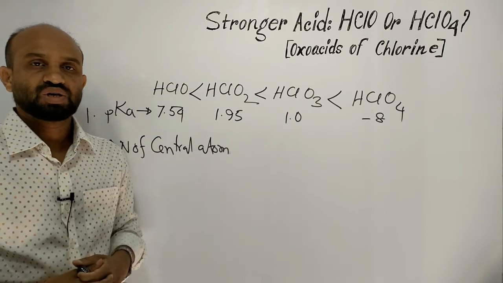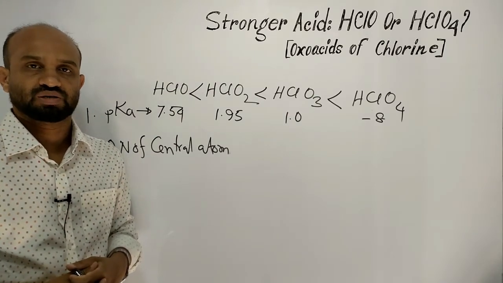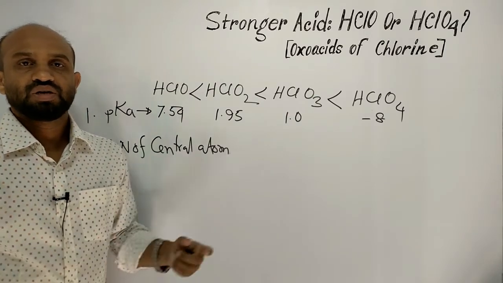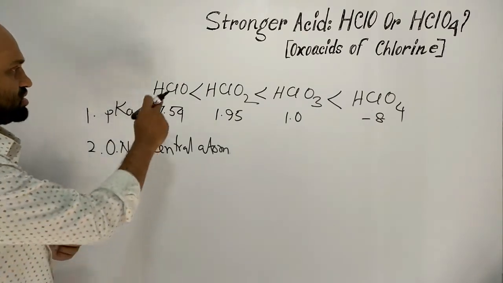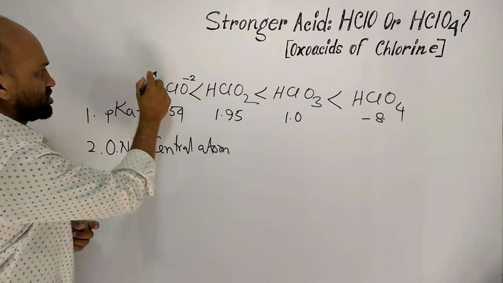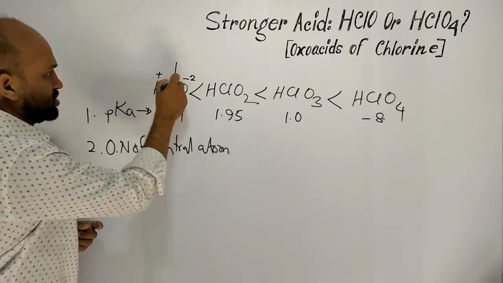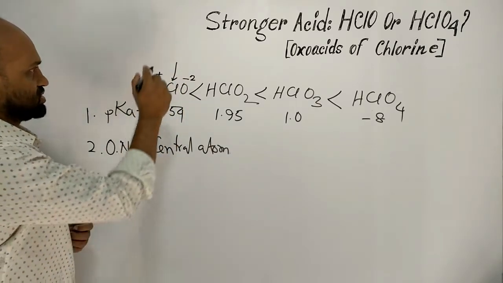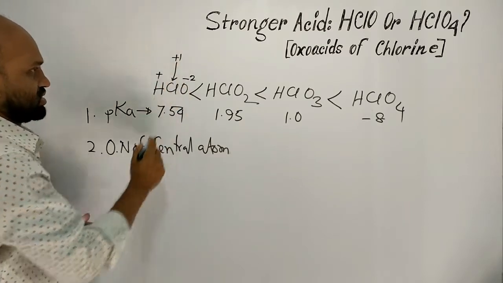Now let's see the oxidation number of the central atom in each acid. Here, the oxidation number of oxygen is -2, hydrogen +1. So, the oxidation number of chlorine is +1.